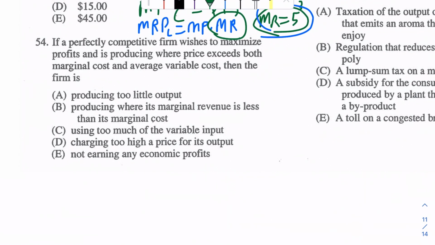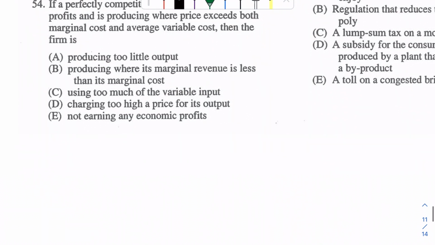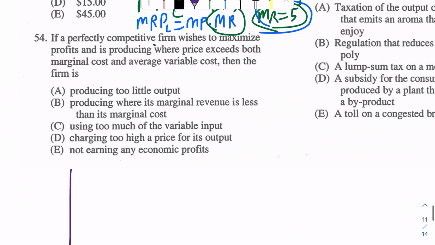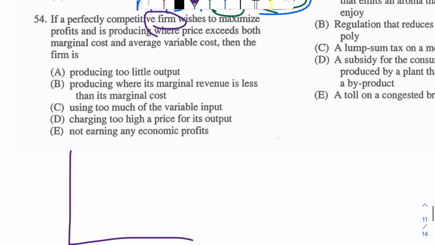54. If a perfectly competitive firm wishes to maximize profits and is producing where price exceeds both marginal cost and average variable cost, then the firm is doing what? So here's the deal. It's a perfect competition firm. Very important that you understand it's the firm, because this is that graph. All right.